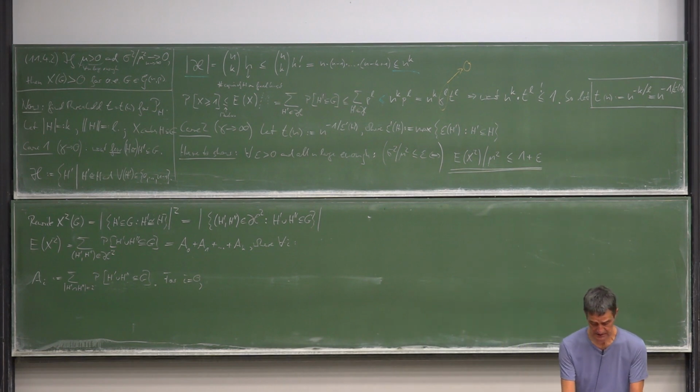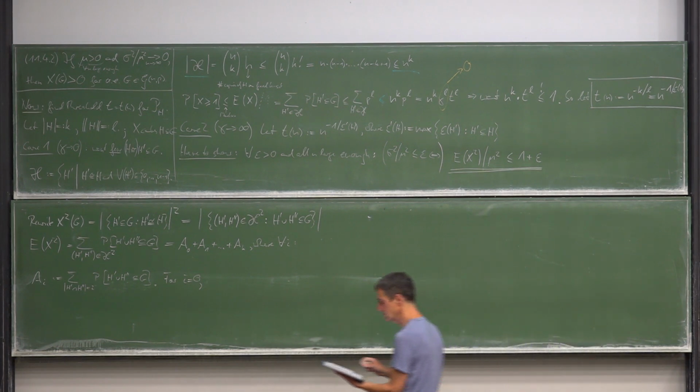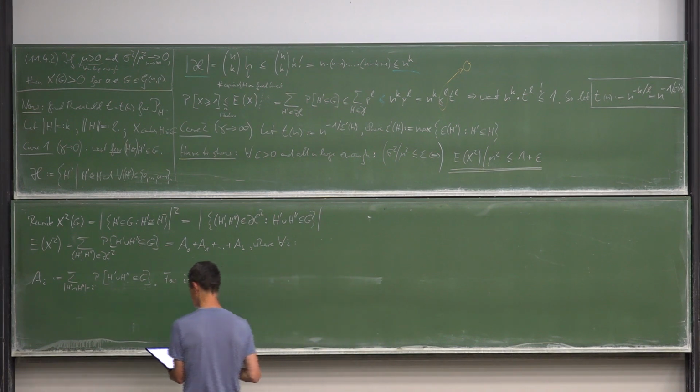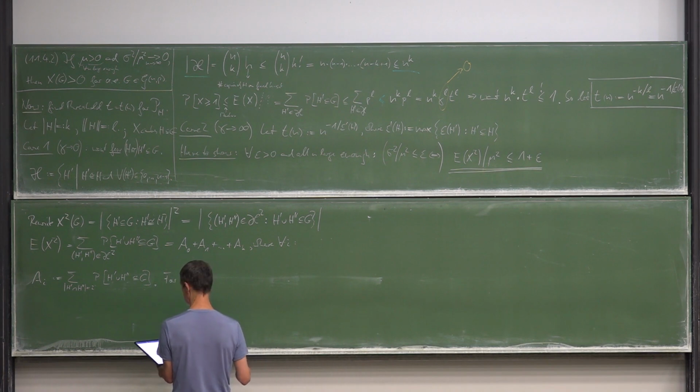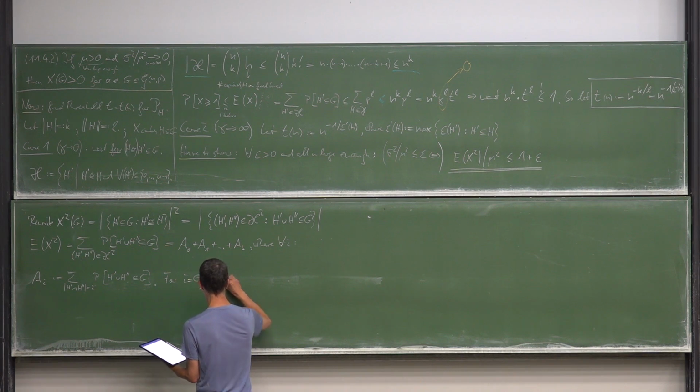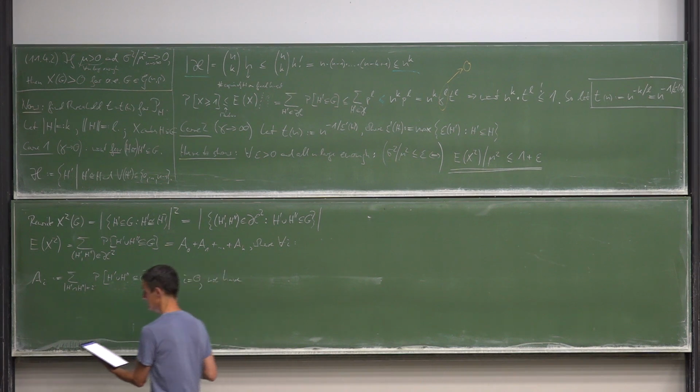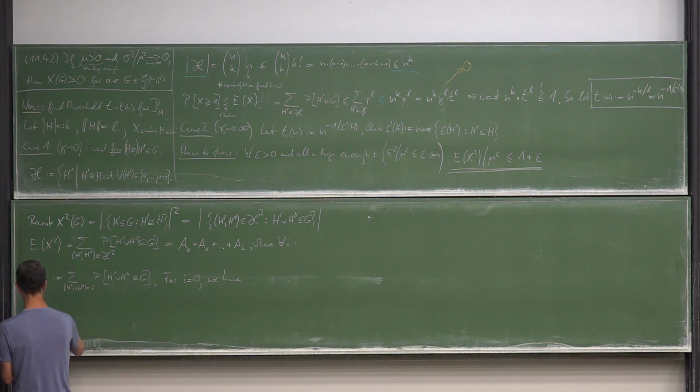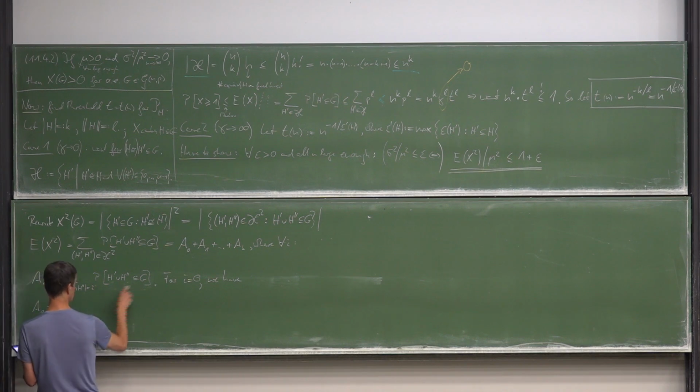So let's just do this for I equals 0. We have A0 being the sum, I'll just put some index 0 here, of precisely that.